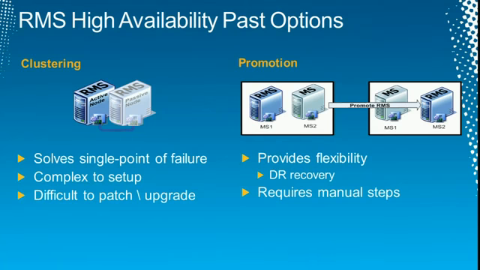It does solve the single point of failure problem, but it could be somewhat complex to set up, but also to maintain if cumulative updates come out, server specs, other things you need to apply to those systems. It's a special procedure you need to follow to make sure both nodes are up to date and kept the same. That's scenario one. That's if you want nearly no monitoring blackouts, you might go with the clustering setup.